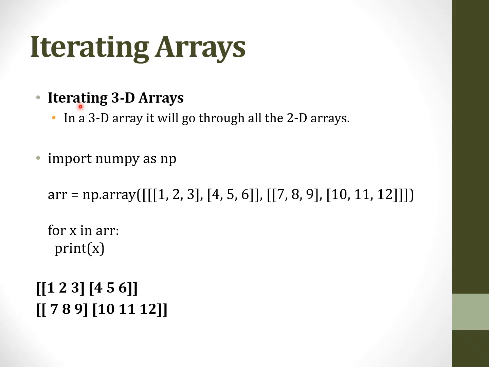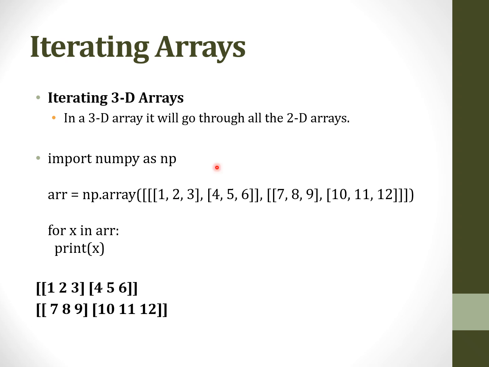So next we'll go for iterating three-dimensional arrays. In a three-dimensional array, it will go through all the 2D arrays, similar to what we have seen in the two-dimensional array. We are defining an array here. If we simply give for x in array, print x, then what happens?